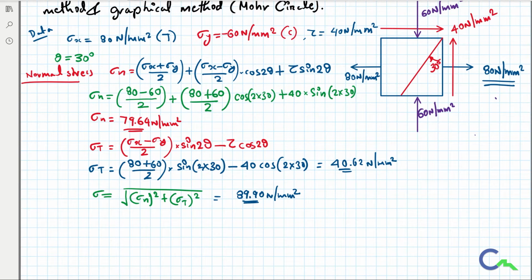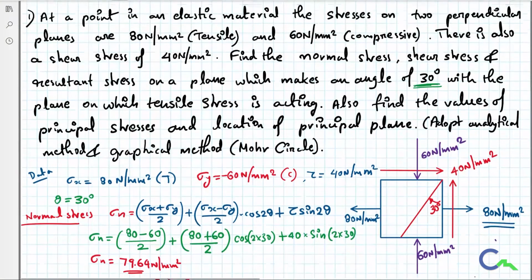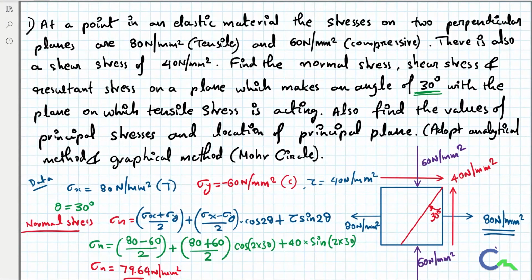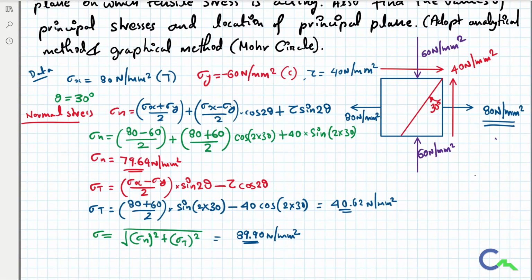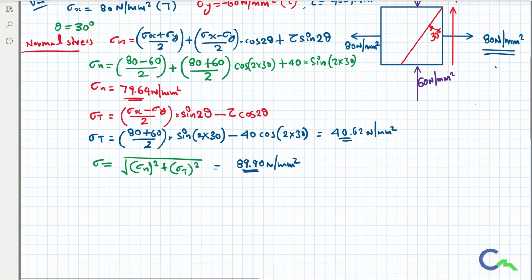That is the resultant. So now in the second part we have to find the principal stress and direction of the principal plane. So for that, to find the direction, I can use the formula.